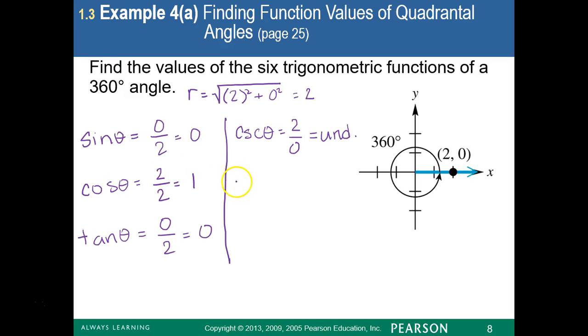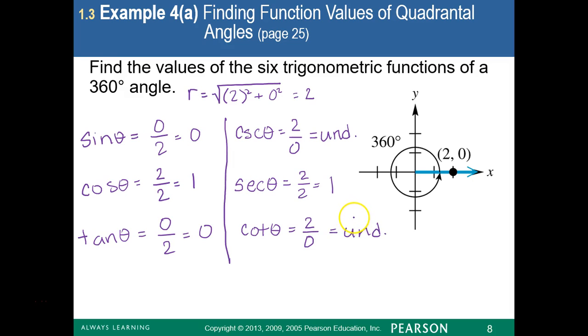Now secant, which corresponds to cosine, you get 2 over 2, which is just 1. And then cotangent, again, flip these values, you get 2 over 0, which again is undefined.